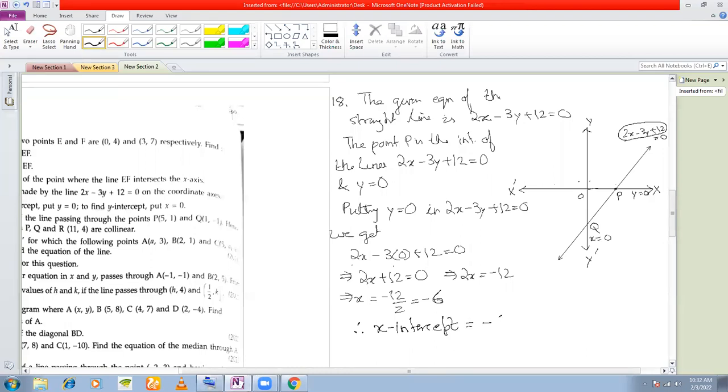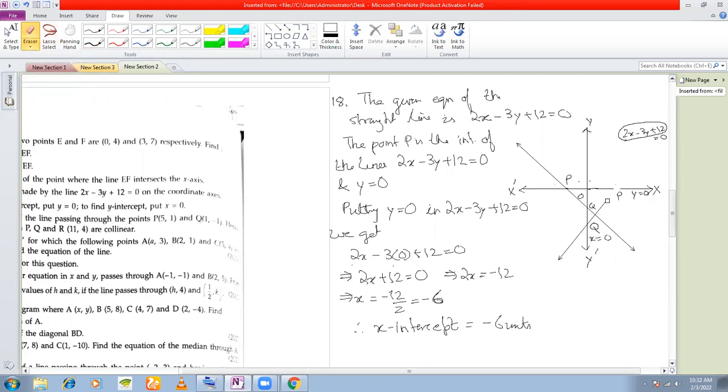X-intercept here is minus 6 units. Actually, the line should have been somewhat this way. So actually, this should have been P, and this should have been Q. Fine. Let's keep it that way then.